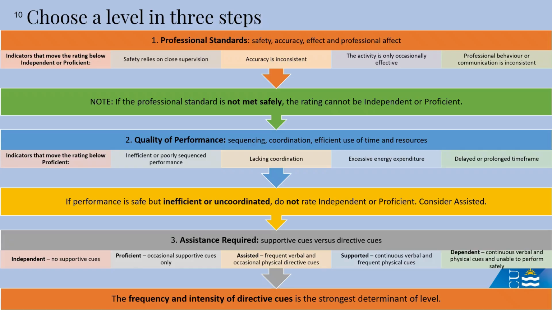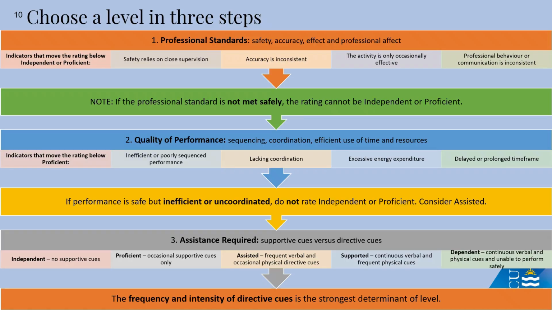Independent requires no cues. Proficient allows for occasional supportive cues. Assisted, supported and dependent reflect increasing verbal and physical directed input, with dependent indicating inability to perform safely without assistance. The frequency and intensity of directed cues is a stronger determinant of the final rating.